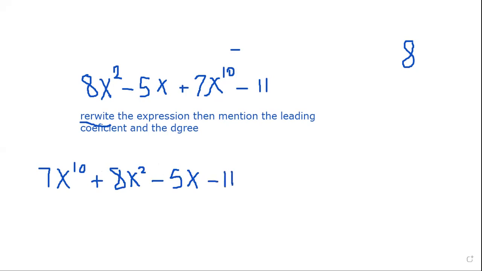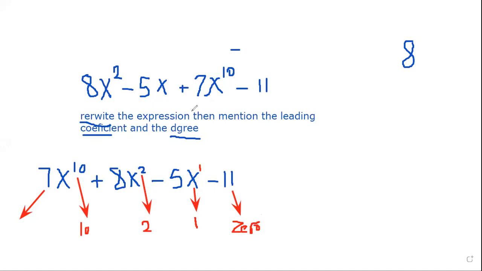Now we want to find the degree. For the first one, the degree is 10. For the second one, the degree is 2. For the third one, the degree is 1. Here, the degree is 0. So which one is the greatest degree? 10, right?